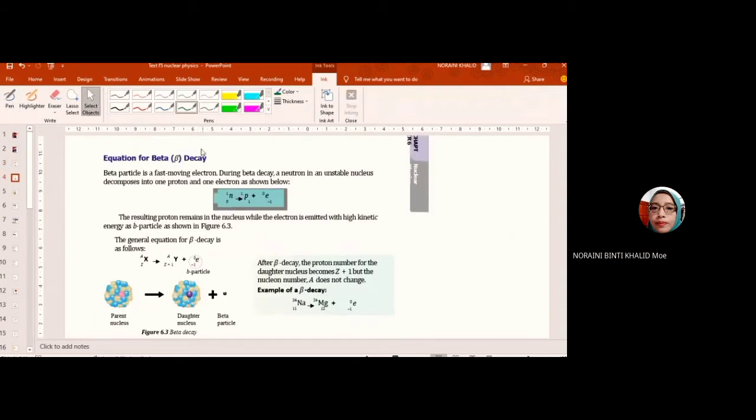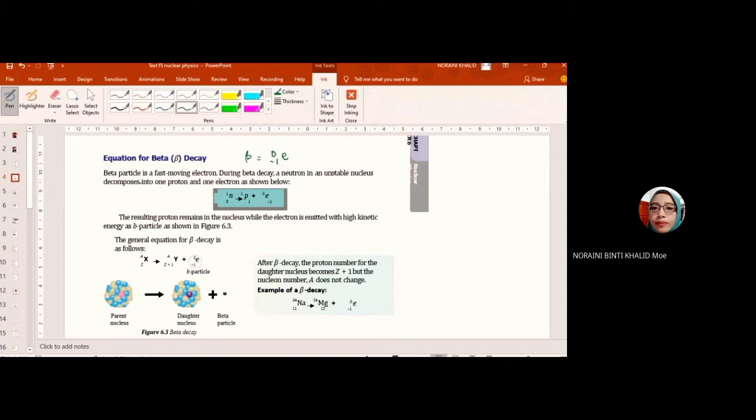For beta decay, it is the process where an unstable nucleus decays to become a more stable nucleus by emitting one electron or beta. Beta, as we just discussed, is 0, -1 e.